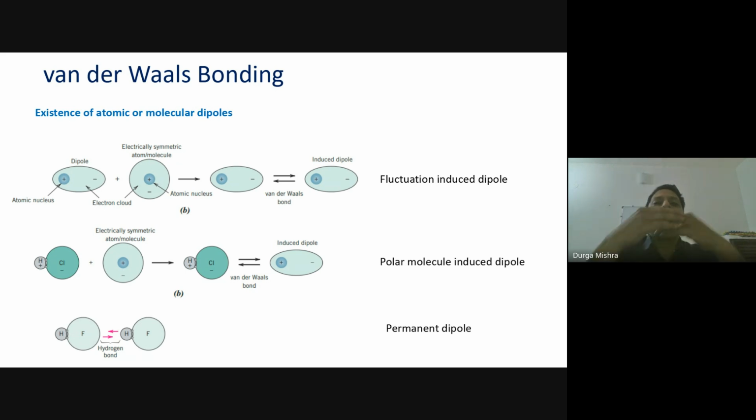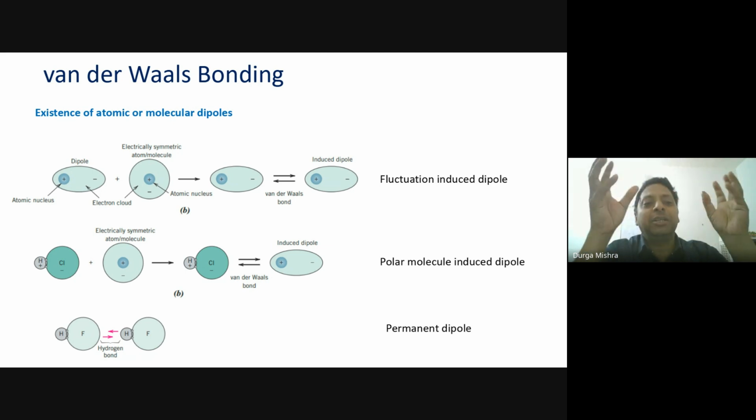When you bring, let's say, two dissimilar materials together, you can modify the dipole moment of the molecules. Dipole moment will always be there because you have charges, a nucleus and electrons. If by any means you distort this charge distribution and make it asymmetric, immediately you will have a dipole.